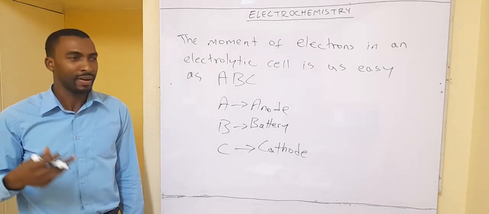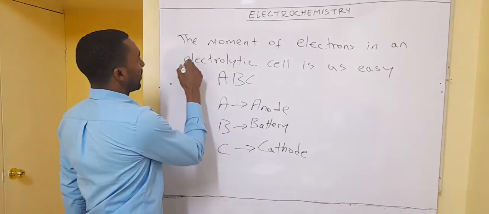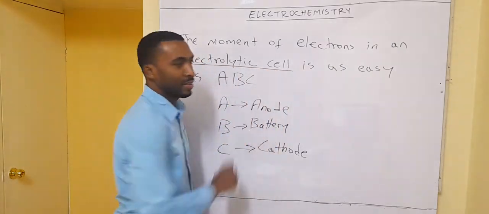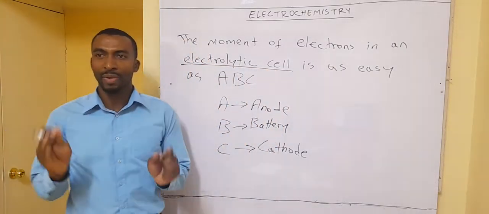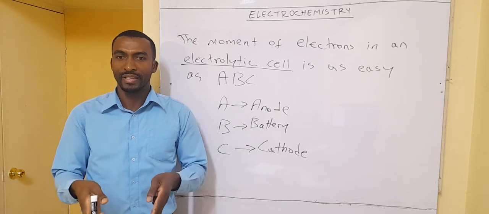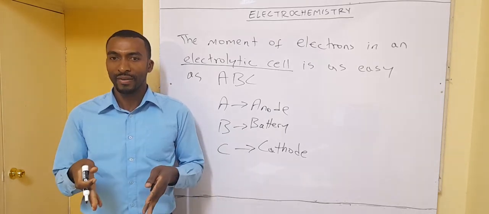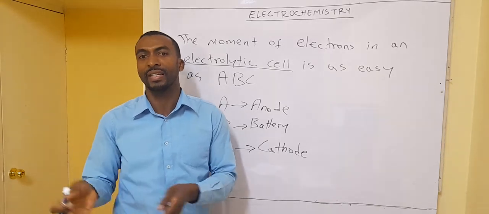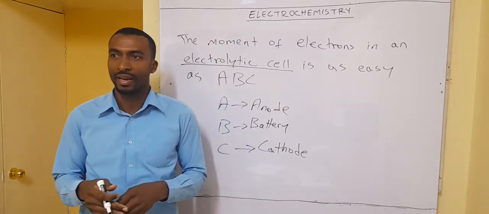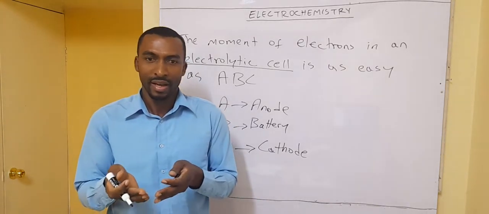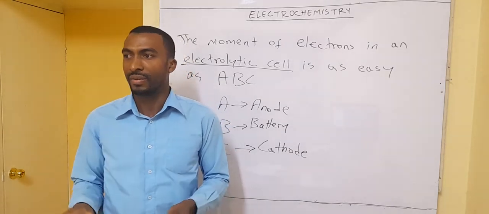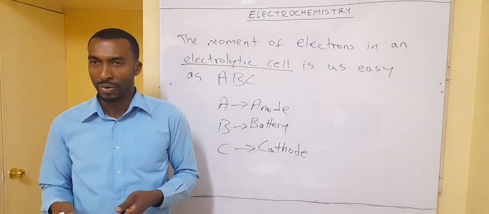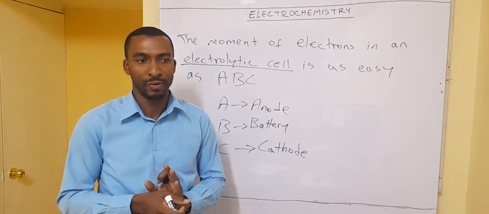Alright? And remember, an electrolytic cell is basically a cell with a battery, two electrodes, and an electrolyte. When we say electrolyte, we mean a solution or a liquid that can conduct electricity. So it's either a solution of molten ions or an aqueous solution of an ionic compound, in which the ions in solution can move.